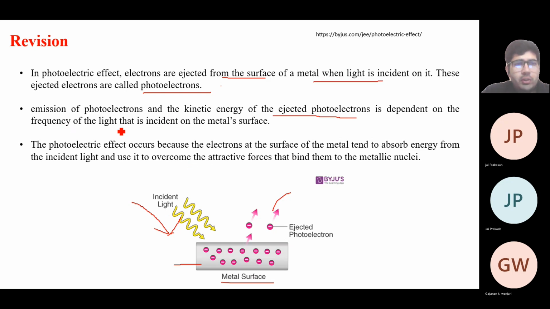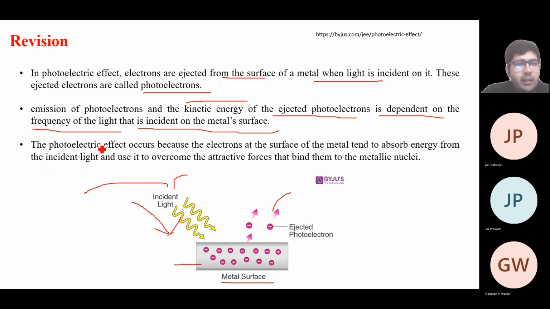So the emission of photoelectrons and the kinetic energy of the ejected electrons depend on the frequency of the light incident on the metal surface. The kinetic energy of ejected electrons will depend on the frequency, and we know that the frequency of the light decides the energy. We will see further.